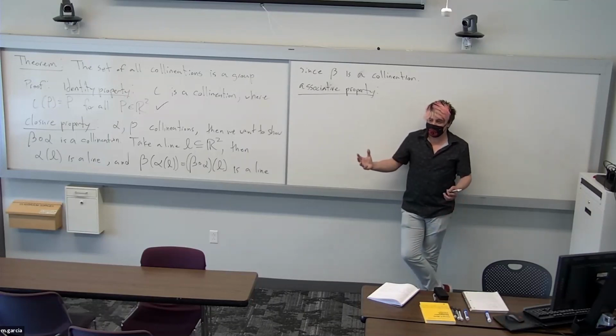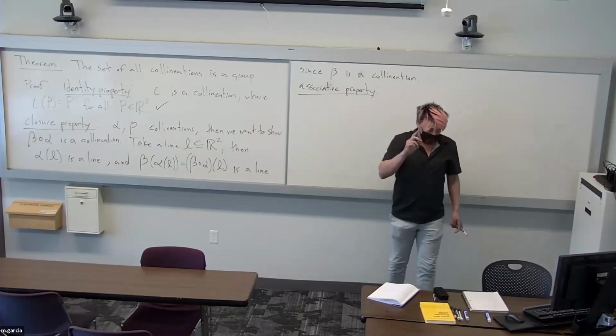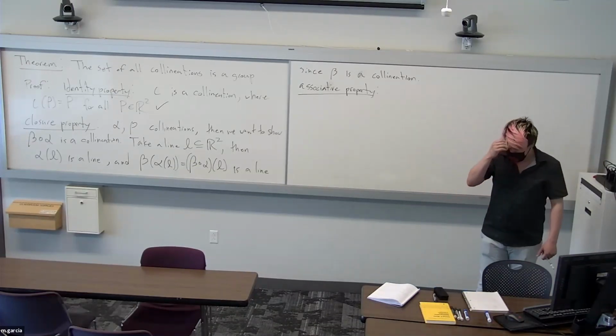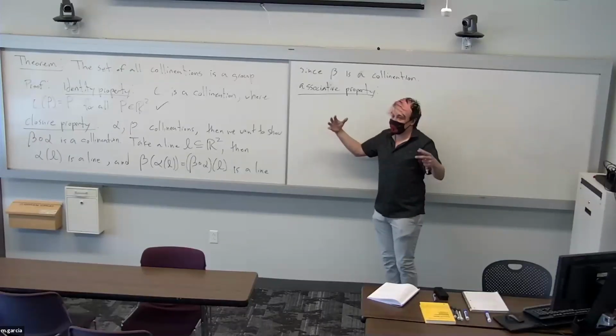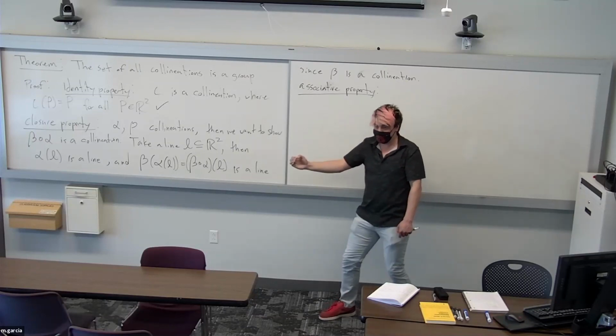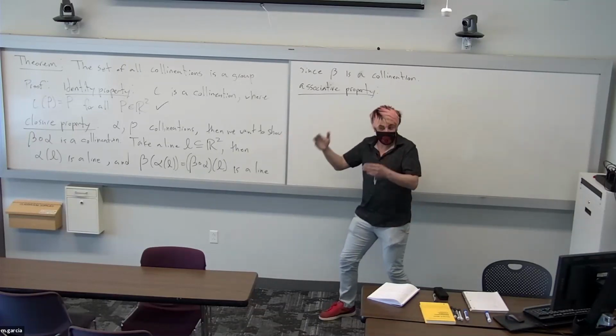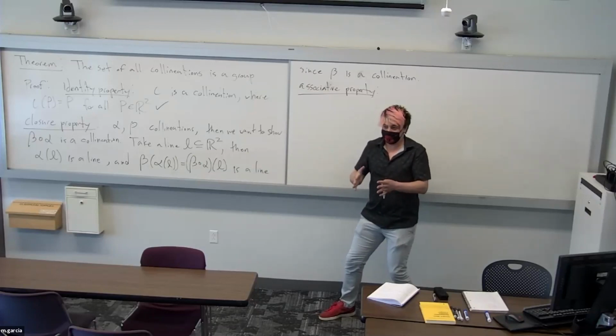Every subset of the group of transformations has the associative property. And that's because the associative property has nothing to do with ensuring that you stay within the set. You take three things that are in the set, and it's just about how they're related. That's how the operation works.